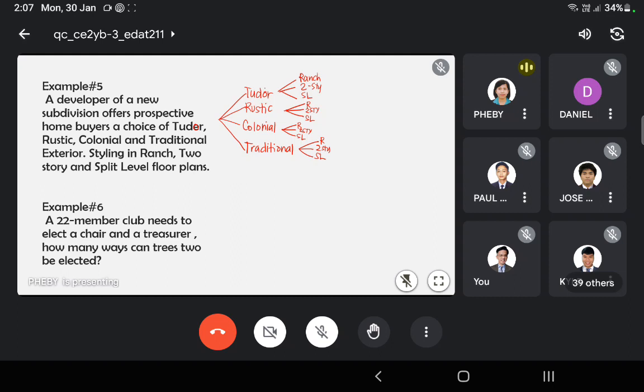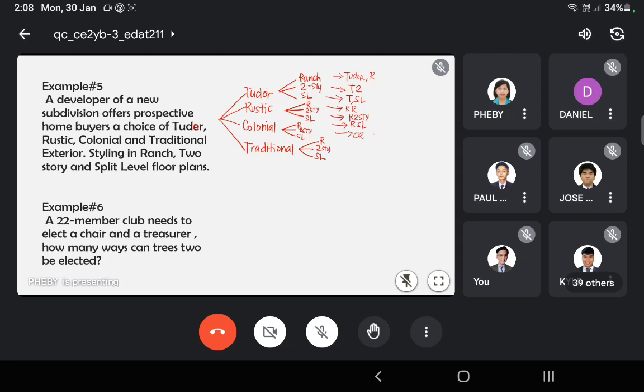So, bilangin natin: Tudor and ranch. Tudor, two-story. Tudor, split level. Rustic, ranch. Rustic, two-story. Rustic, split level.